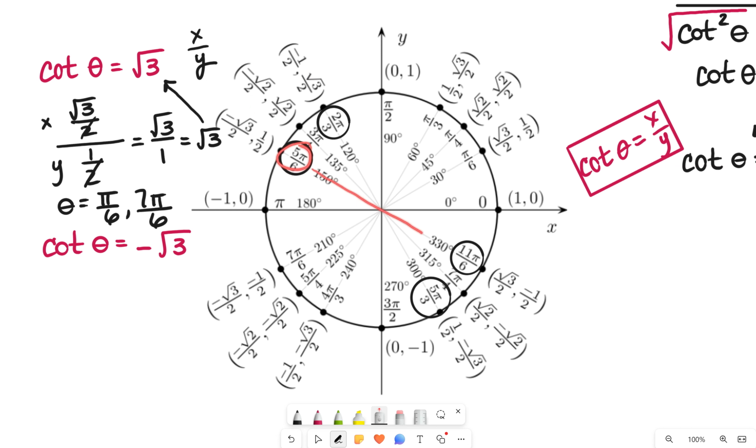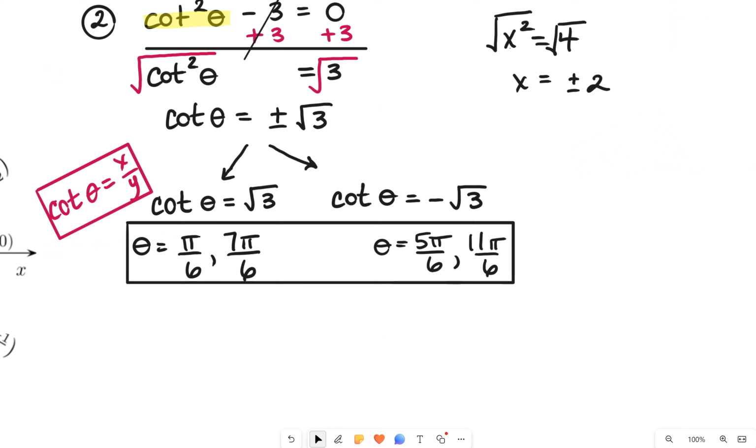So my answer of 5 pi over 6 would pair up with 11 pi over 6. So theta is going to be 5 pi over 6 or 11 pi over 6. So the solutions to this equation are all 4 of those. So wrapping it up in one answer, your theta for this particular equation has 4 solutions.